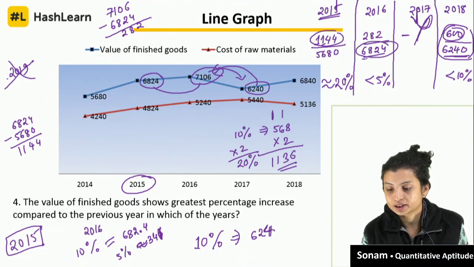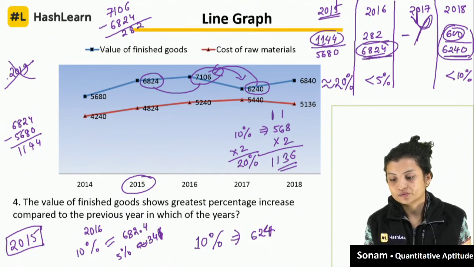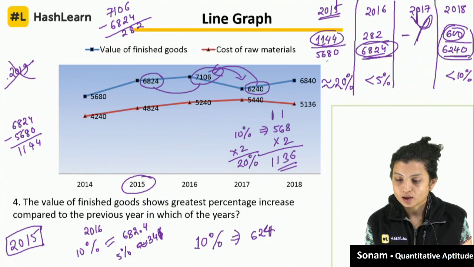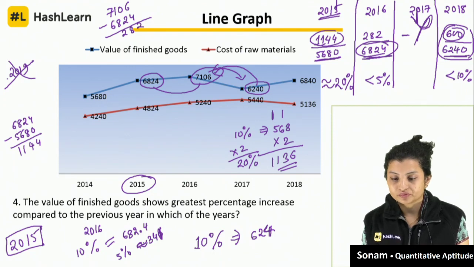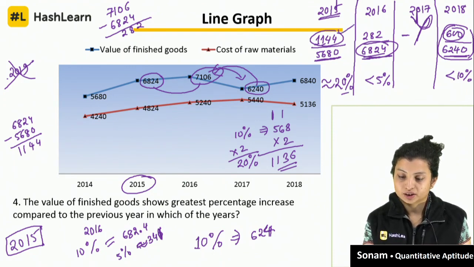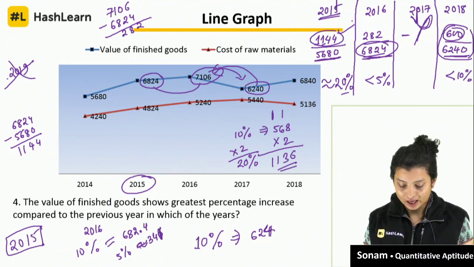Here the denominator is 6824, so 10% of the denominator is 682, half of it is less than 5%. Here you can see at a glance that 10% of the denominator is roughly equal to 550 and double of it is 20%, that is in your numerator, right? So it will save you a lot of calculation time.